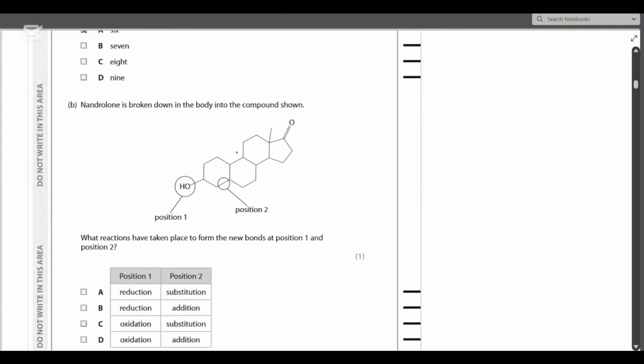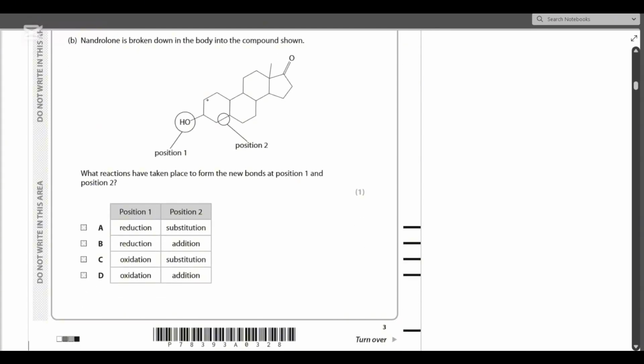Then they say nandrolone is broken down in the body into the compound as shown. They ask what reactions have taken place to form the new bonds at position 1 and position 2. In the case of position 1, in order to produce an alcohol, reduction is required.